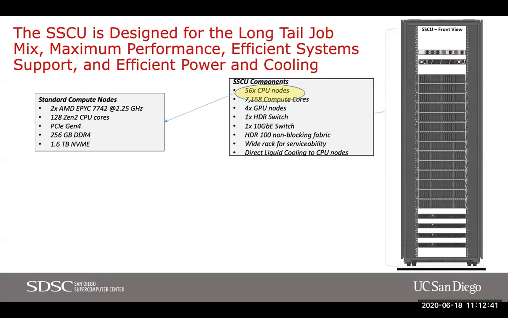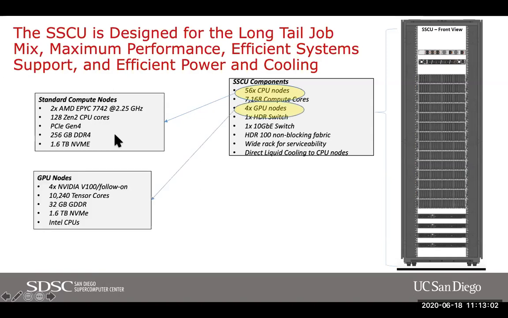In terms of the compute node, as I mentioned, it's an AMD EPYC 7742 processor, which is at 2.25 gigahertz with a boost that goes up to 3.4, I think. It has PCI Gen 4 interfaces, and you have 256 gigabytes of RAM on each node. I think there's a correction here: it should be 1 terabyte NVMe on each compute node. On the GPU nodes, you have V100 GPUs, and you have 4 of these GPU nodes in each SCU.